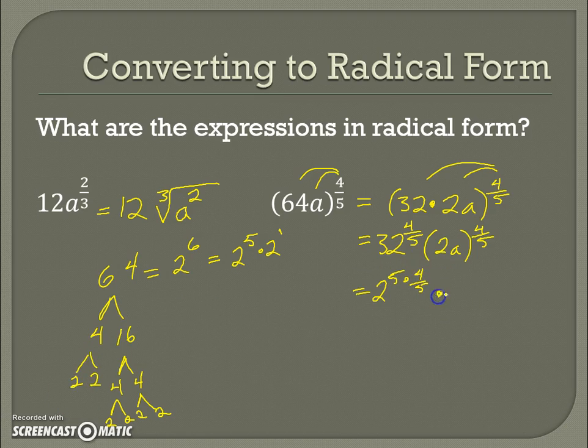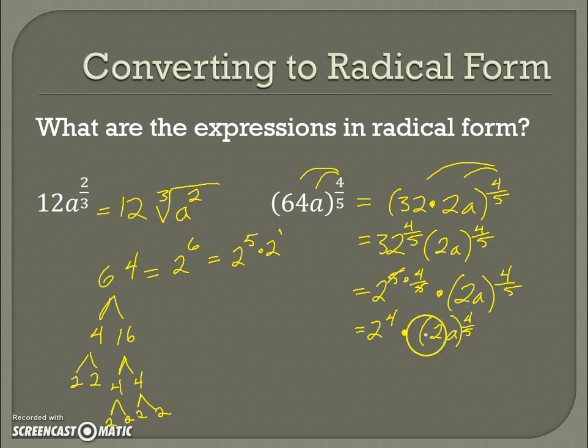And then I'm going to multiply this whole thing by the 2a to the 4/5. 5 times 4/5 equals just the 4. So I'm going to get 2 to the 4th times, just leaving this 2a here to the 4/5. That's just riding along for now.